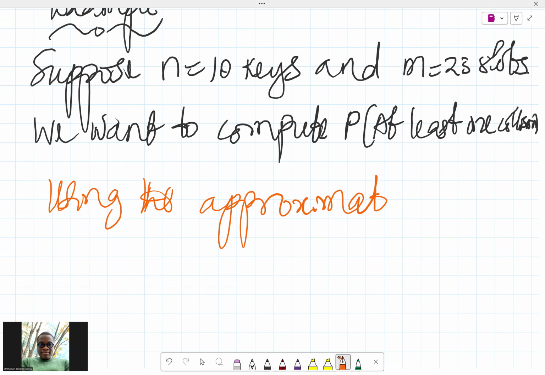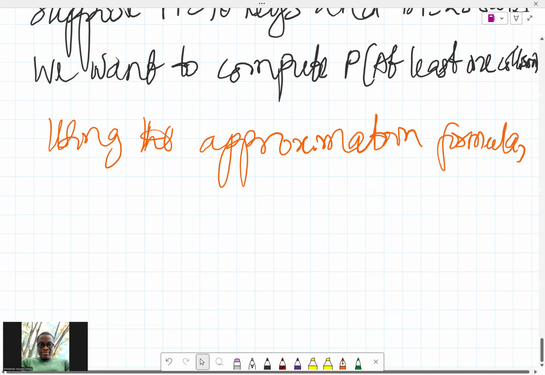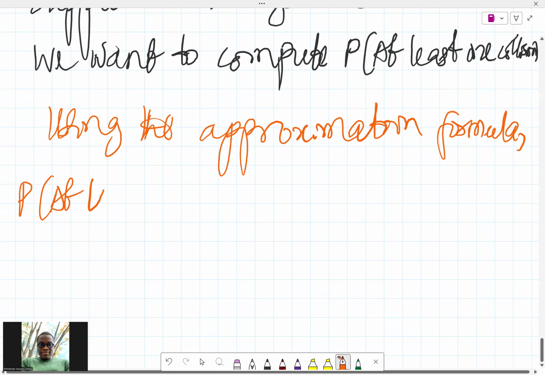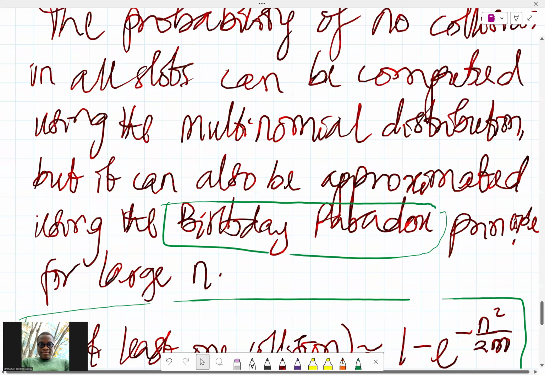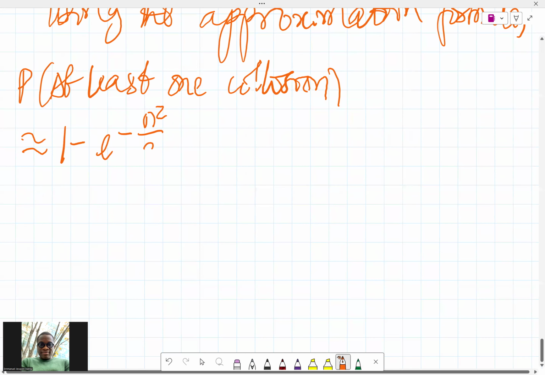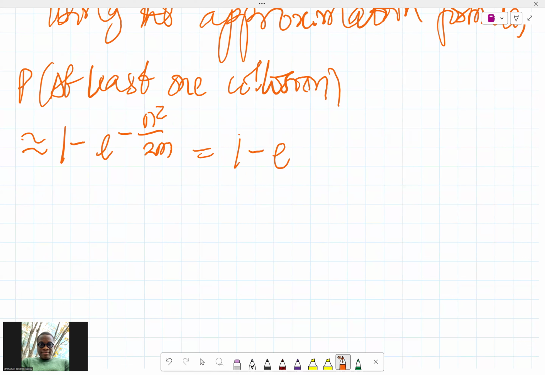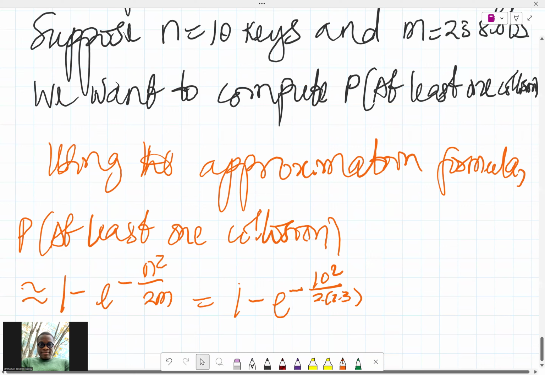Using the approximation formula, the probability of at least one collision is approximately 1 minus e raised to the power minus n squared over 2m, and that is equal to 1 minus e raised to the power minus 10 squared over 2 times 23, because n is 10 and m is 23.